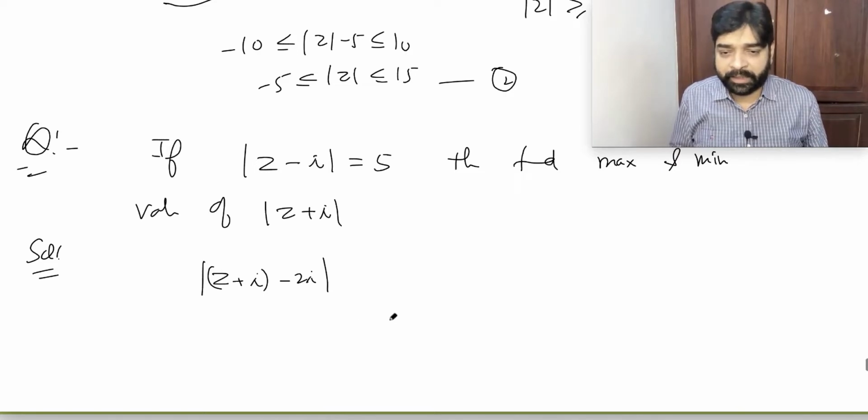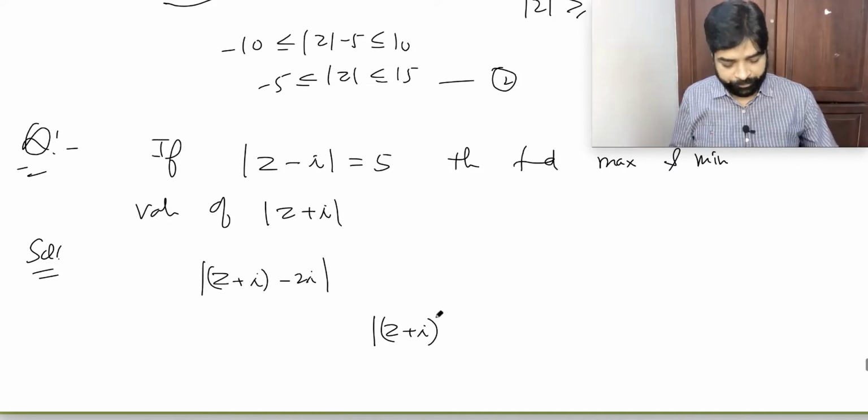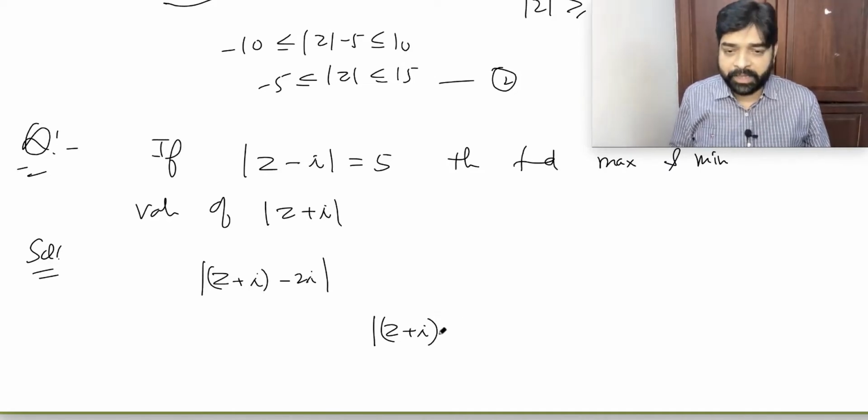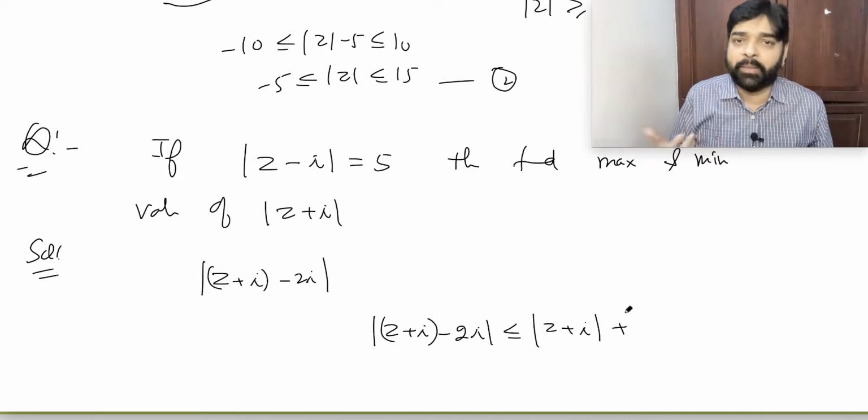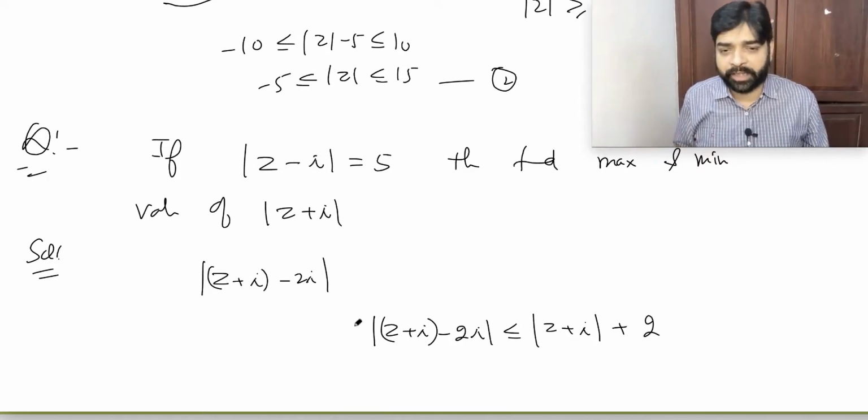So I will say that mod of z plus i minus 2i will be less than or equal to mod of z plus i plus mod of minus 2i. What is the mod of minus 2i? That is 2, greater than or equal to mod of z plus i minus 2 whole mod. Question over. Now nothing more I have to do.